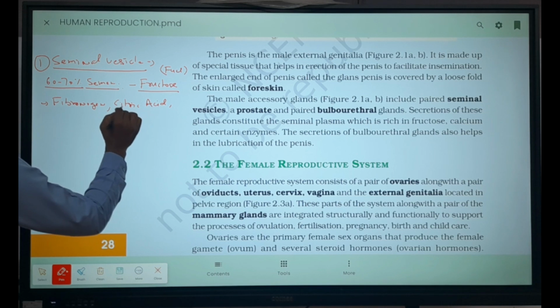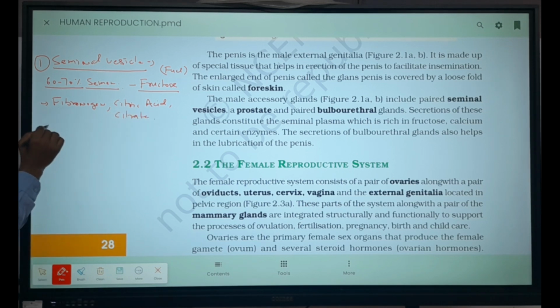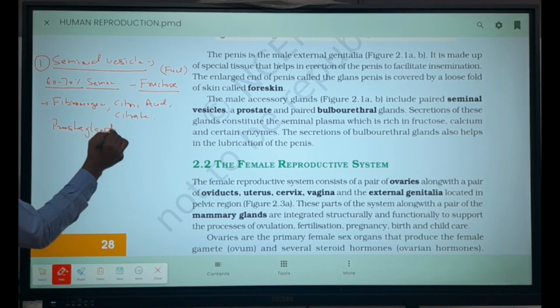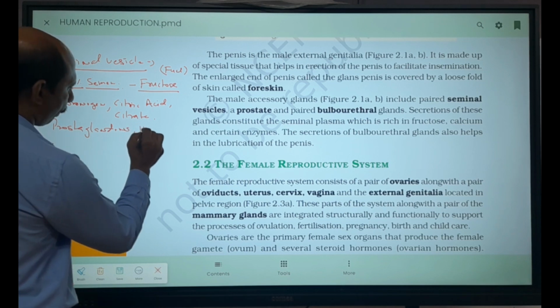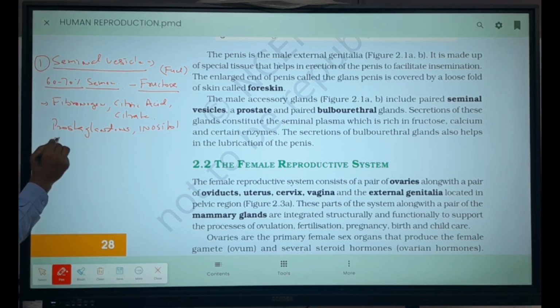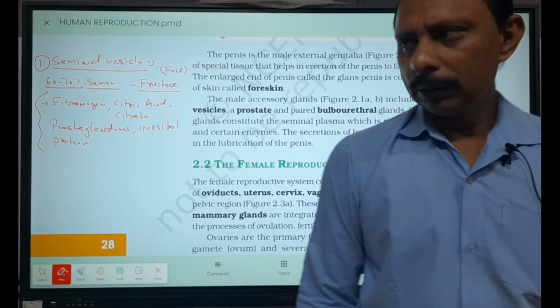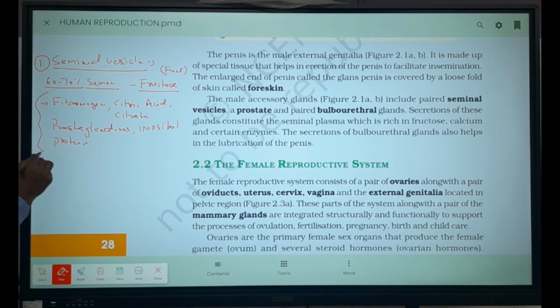Another is prostaglandins, right? Inositol and some proteins. So these are the components of seminal vesicle secretion, right? Second, our prostate gland.